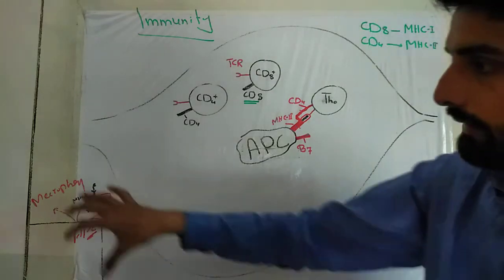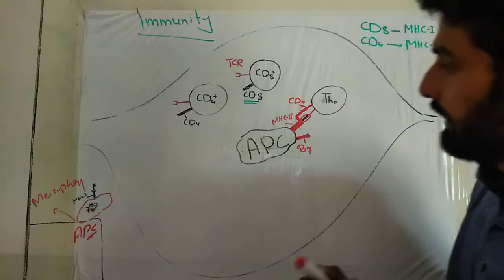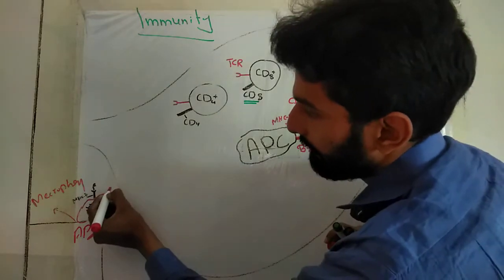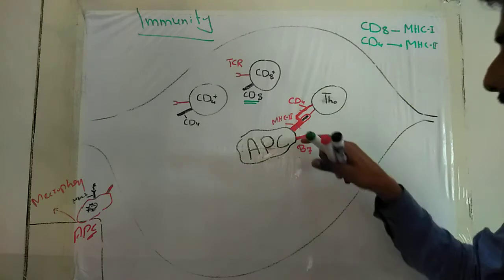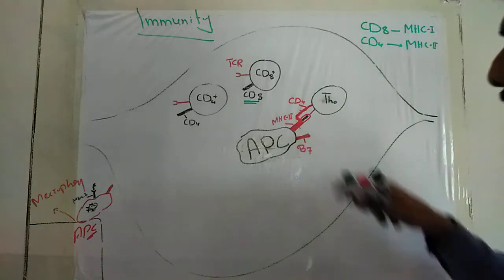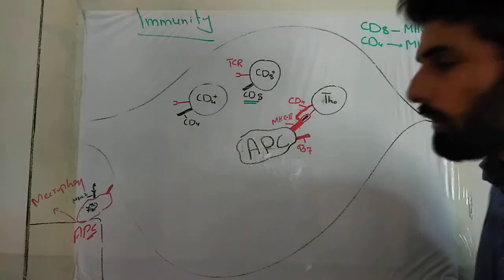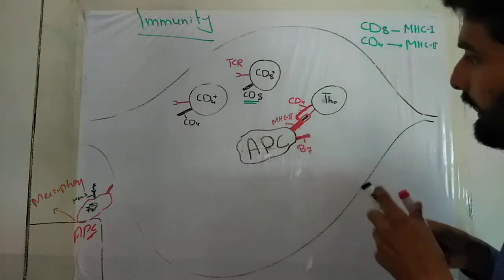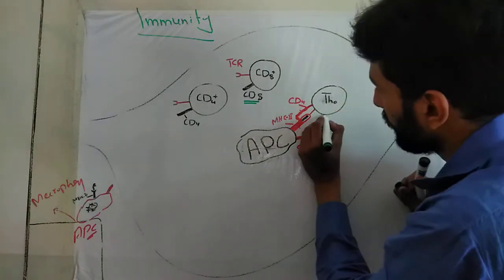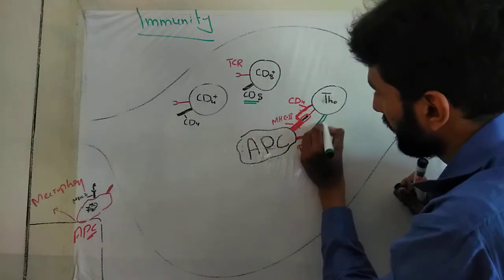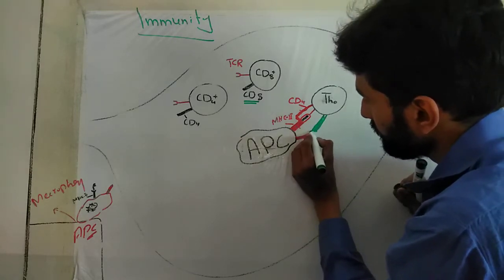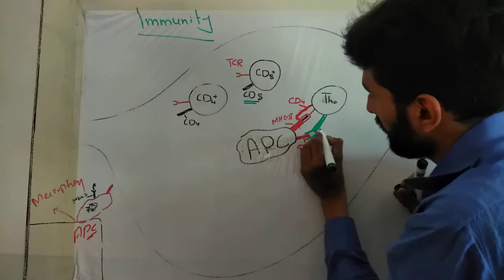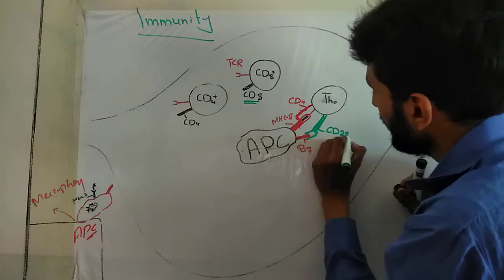So when they engulf the foreign pathogen, the expression of B7 protein will start, and it will express on the APC. Now this B7 protein will be recognized by another protein present on the helper T cells in the lymph node, and the name of this protein is CD28.